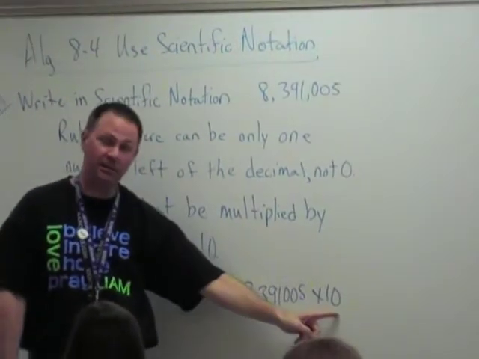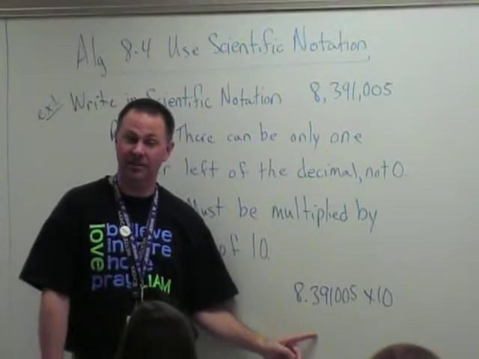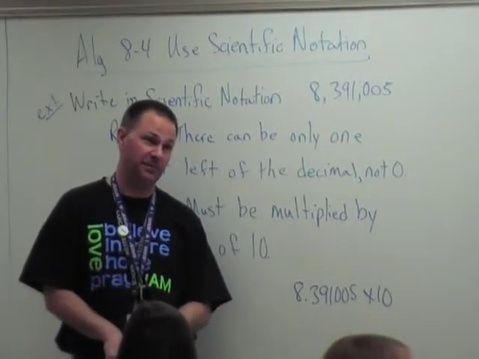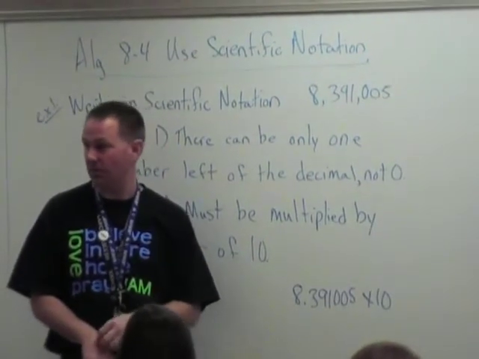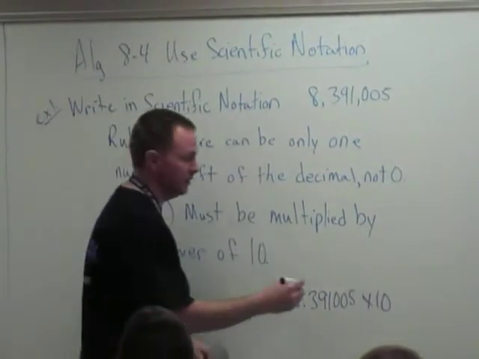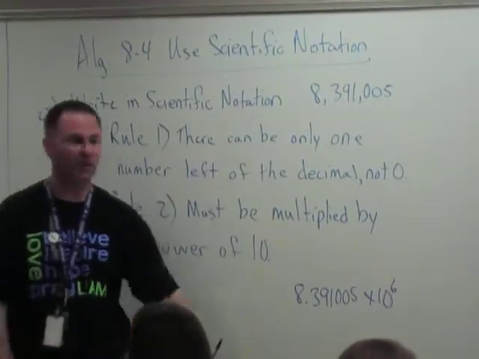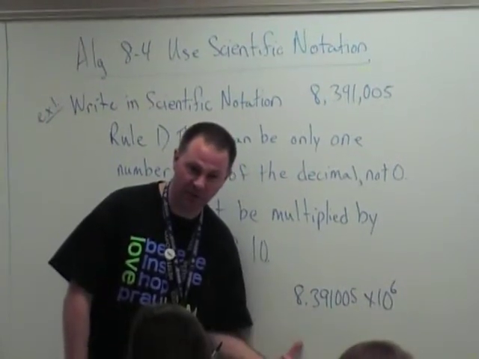Okay, so this 10 affects this decimal. And since you're moving it to the right, is that positive or negative? Right is always positive. Left is always negative. That's why this is a positive 6, because this 10 is moving this decimal.